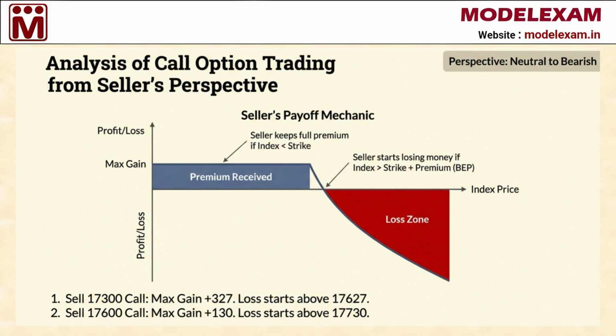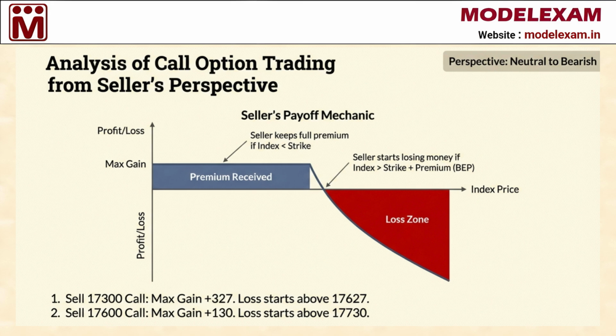For example, if you sell the 17,300 call, your max gain is a profit of 327, but you start losing money if the index rises above 17,627. If you sell the 17,600 call, your max gain is a profit of 130, and your loss zone starts above 17,730.